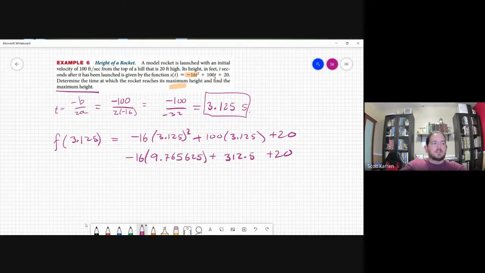On this guy, negative 16 times the 9.765625 is negative 156.25, plus 312.5 plus 20.